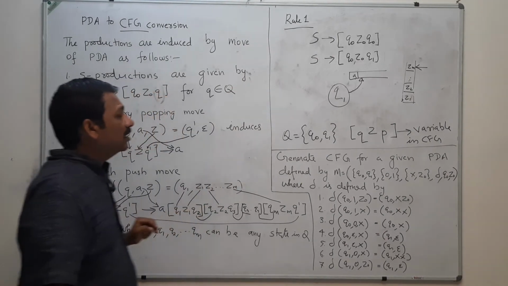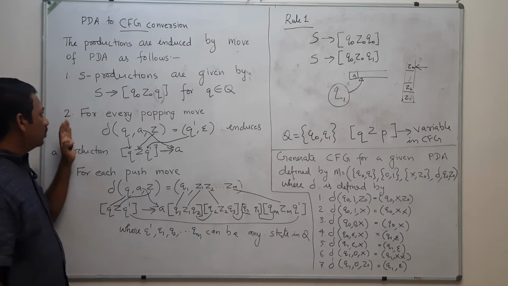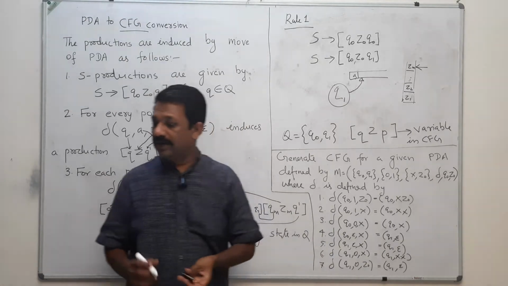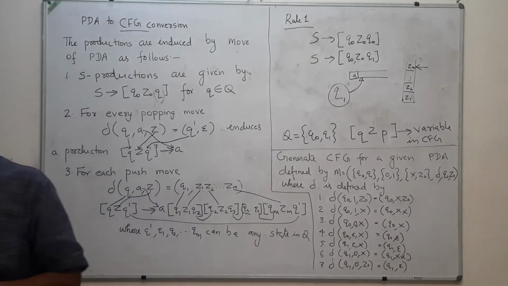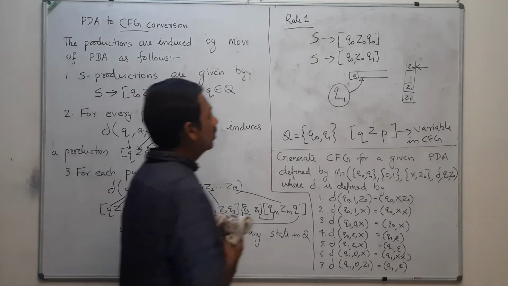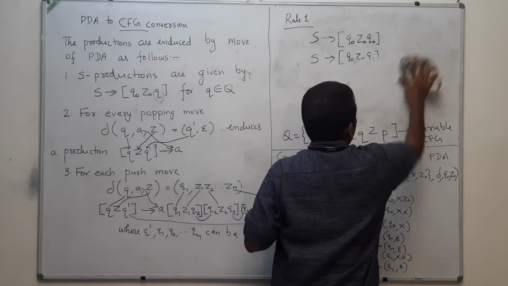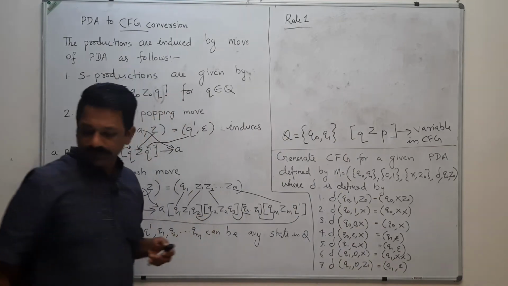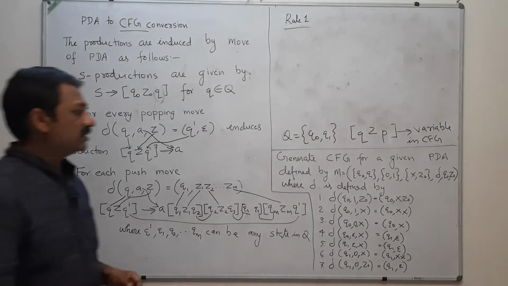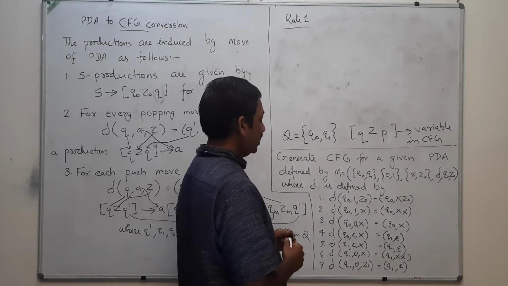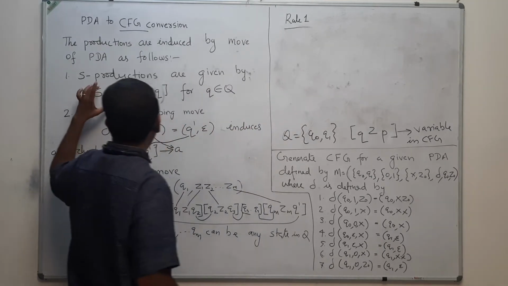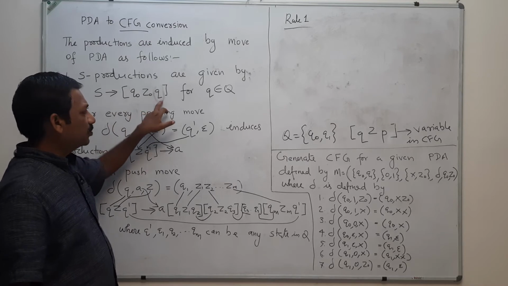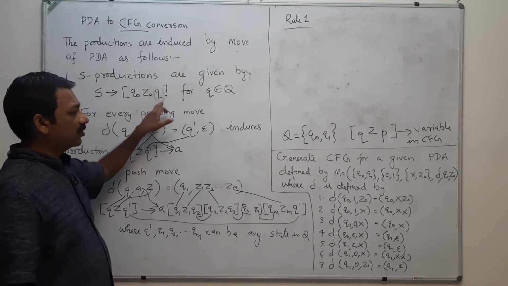Now, rule number 1 already I told you. Now, rule number 2, that means depending on the production, depending on the move. As per rule number 1, we have done S derives Q0 Z0 Q0 and S derives Q0 Z0 Q1.